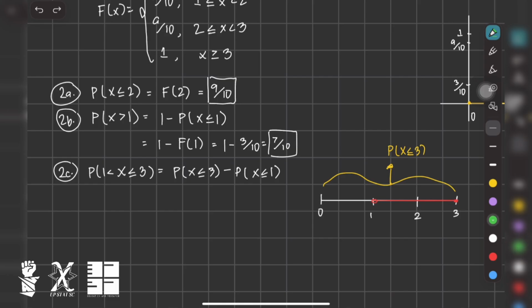We remove it by subtracting the probability that x is less than or equal to 1.